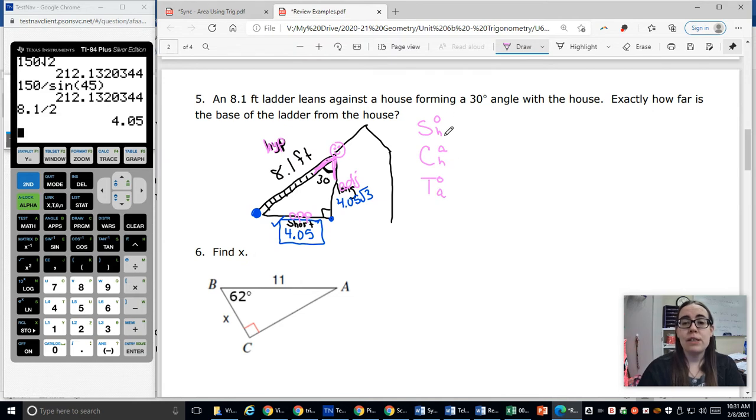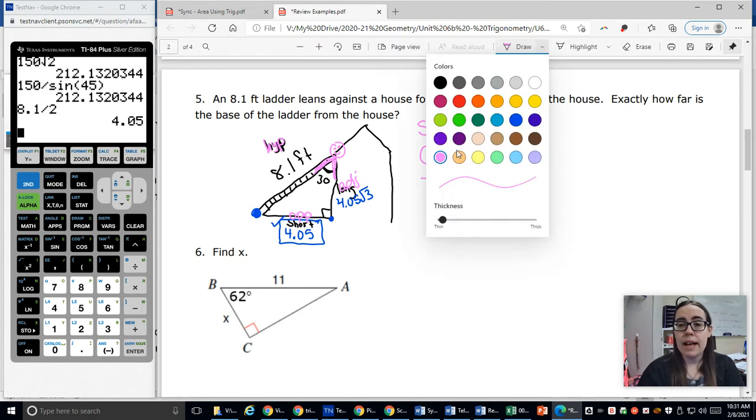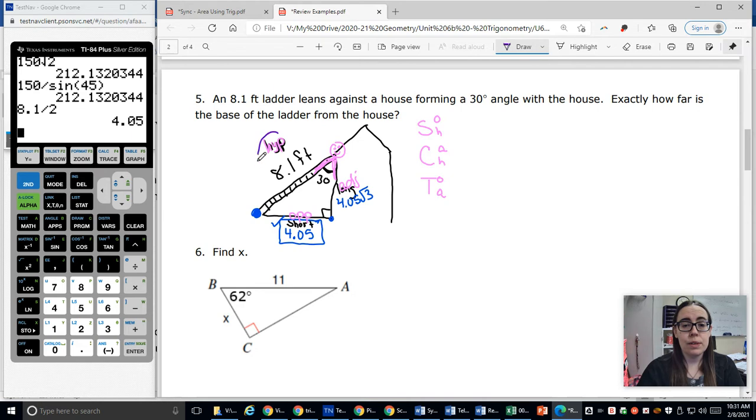Okay, for my SOHCAHTOA, my hypotenuse is 8.1 feet. And I'm looking for my opposite side, which we already found is 4.05. But if we haven't found it, my opposite side is what I'm trying to find. So I'm going to use the sine. I'm trying to find this side here. So my sine of 30 degrees equals opposite over hypotenuse.